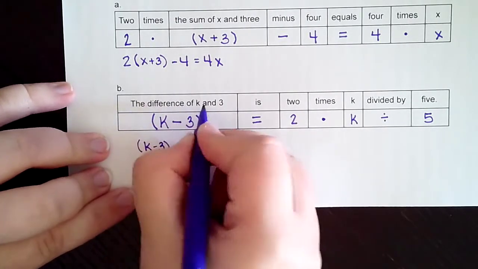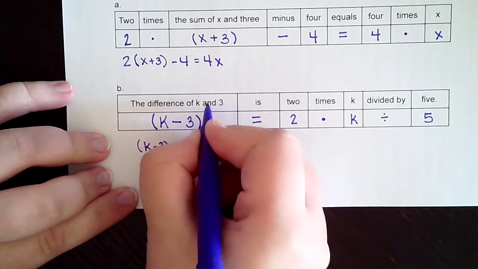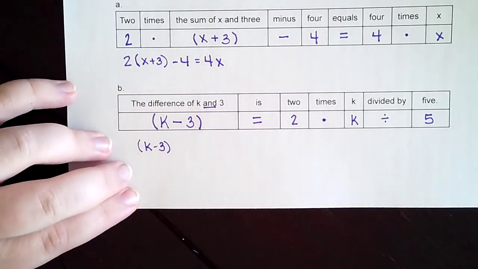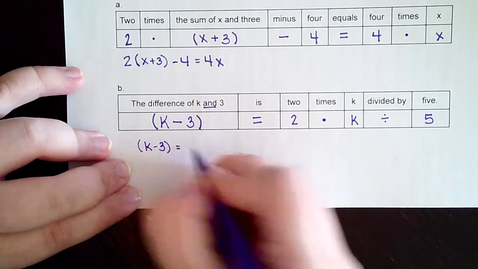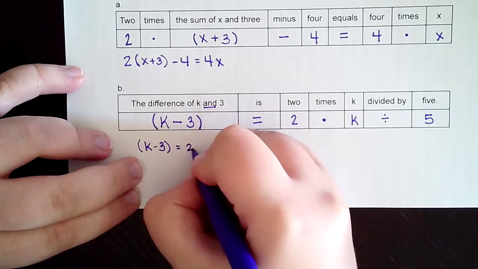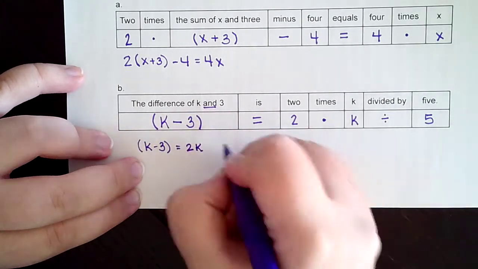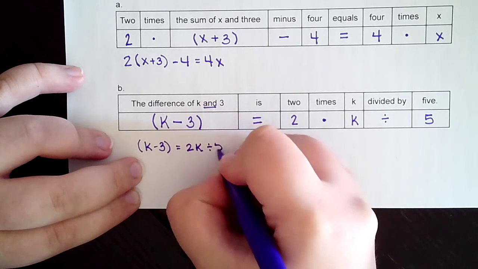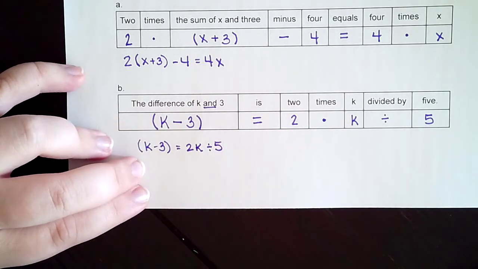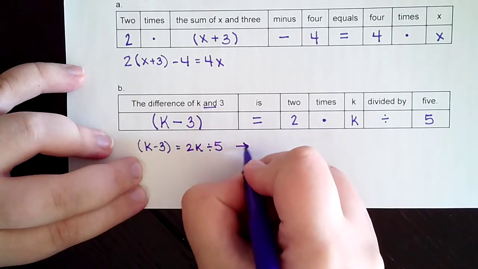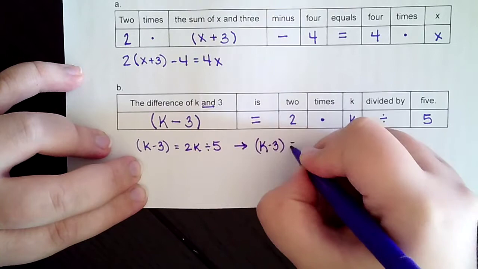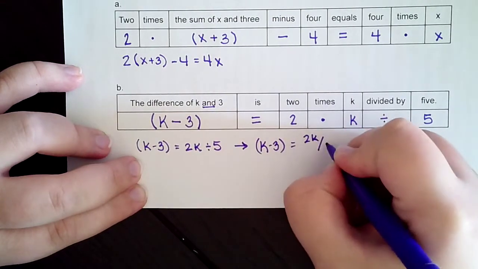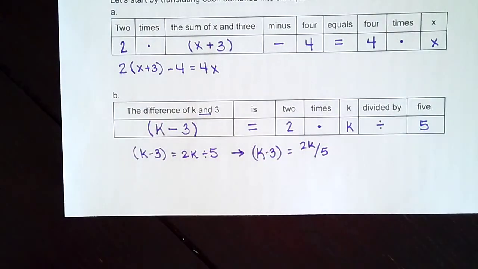Anytime I see that phrasing where two things are together with an and in the middle, that's really going to indicate that we need parentheses to keep everything organized. K minus 3 is 2 times K divided by 5. Now I can either write the division symbol, or I can make this into a division problem. K minus 3 is equal to 2K divided by 5. Either of those would be correct.